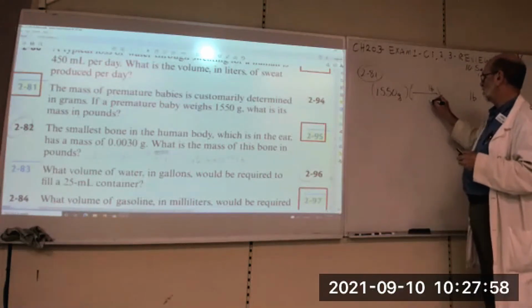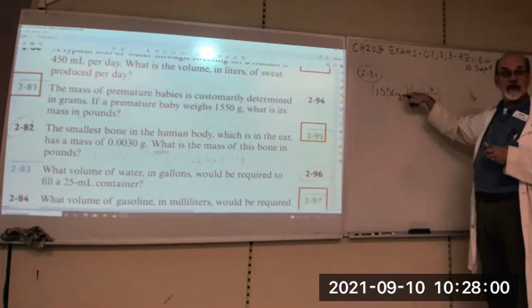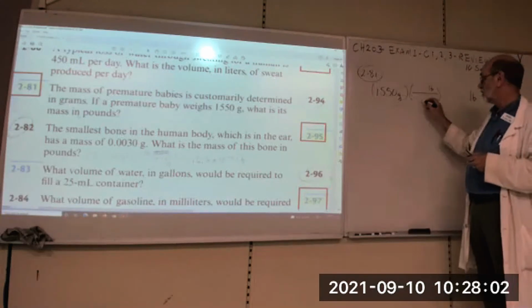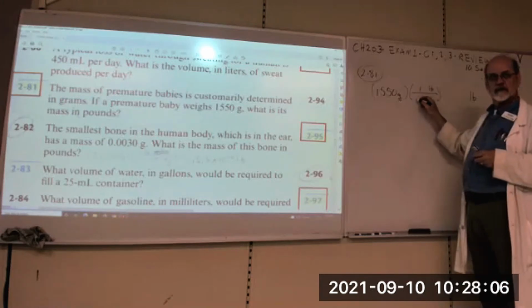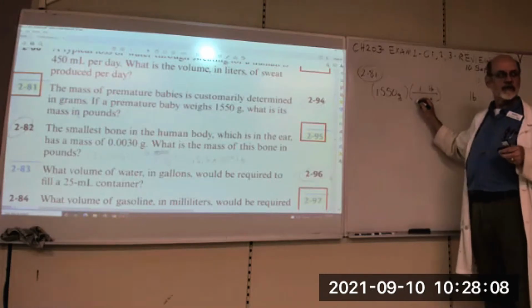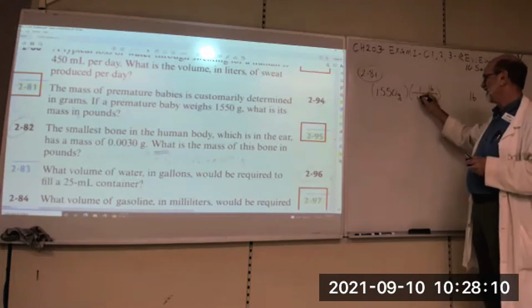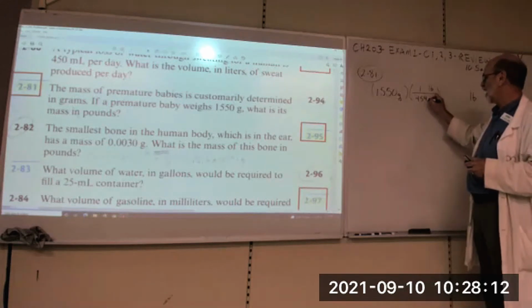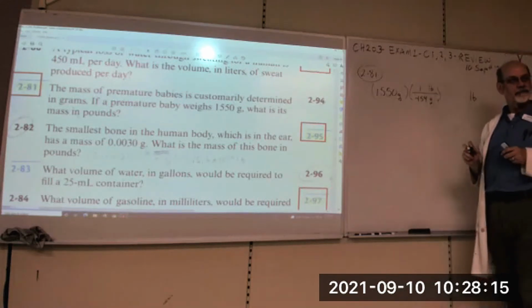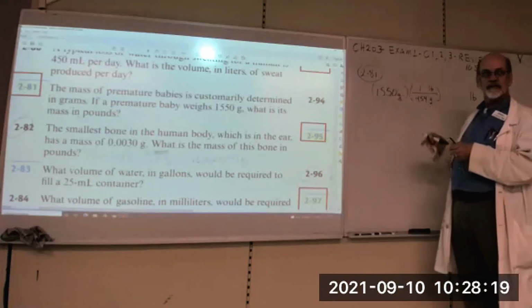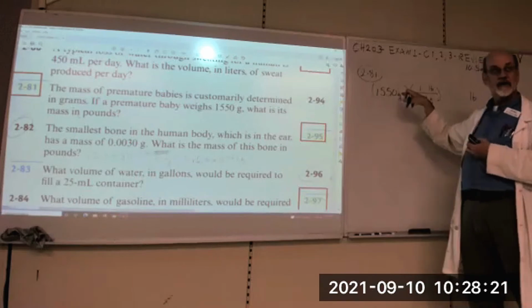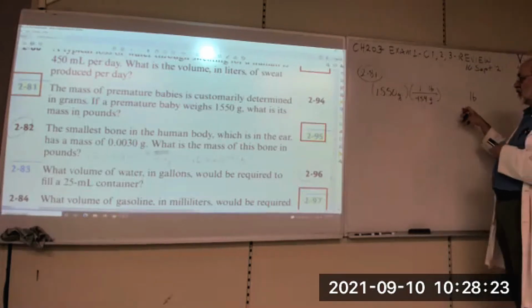Pounds on top, grams on the bottom, right? Because we want to cancel grams. So what's the relationship of grams and pounds? I know what it is. I'm just seeing if you do. 454 grams is 1 pound. So you just divide 454 into 1550. How many significant figures will your answer have?